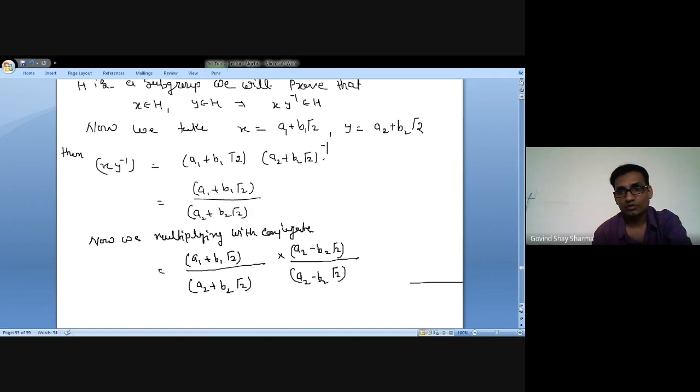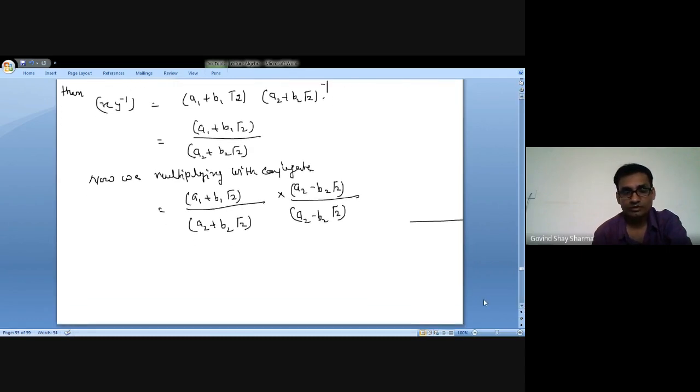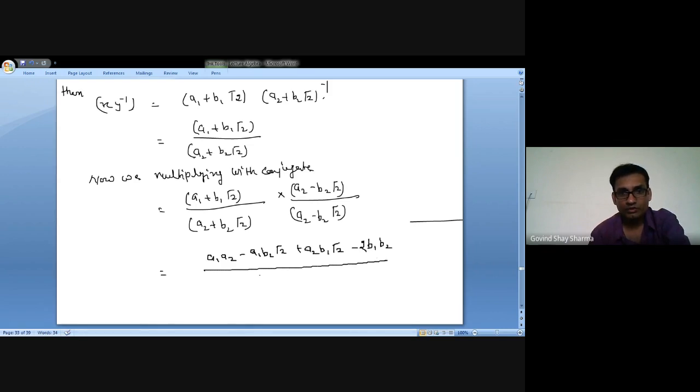Okay, so what will we get here? We will find a1 a2 minus a1 b2 root 2 plus a2 b1 root 2 minus 2 b1 b2. Here we find the denominator a2 square minus 2 b2 square.